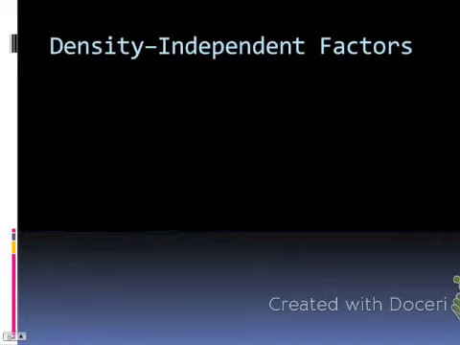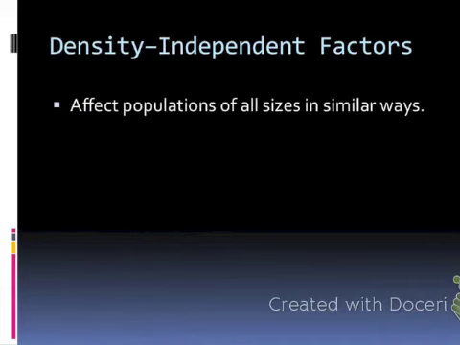That takes us to our second type of limiting factor, and we call that the density-independent factor. All those other things that we just got done talking about, predation, competition, parasitism, are influenced by population density, by population size. Density-independent factors are not impacted by the population.